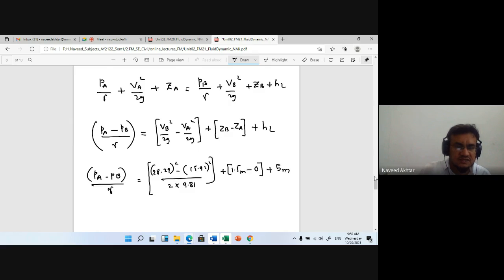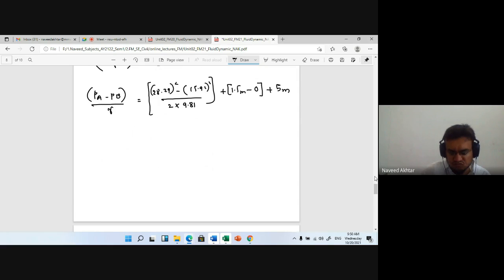So all the things will come in meter. Solve this, it will come Pa minus Pb upon gamma 34.38 meter.